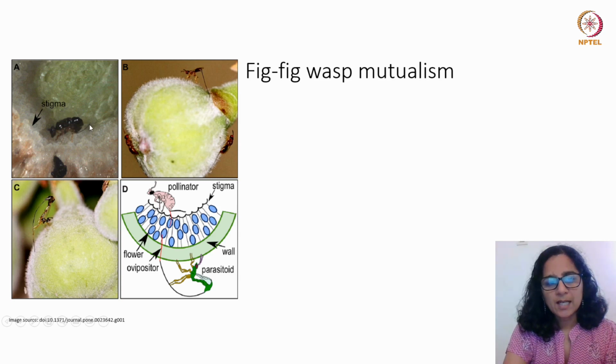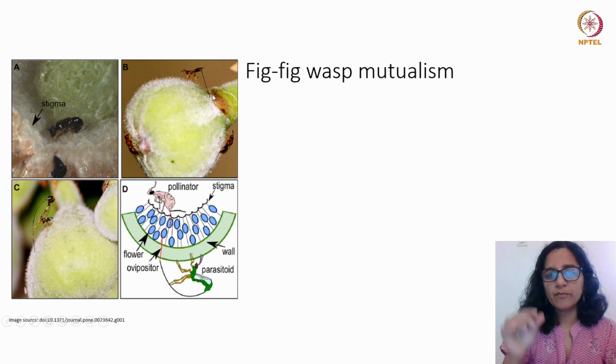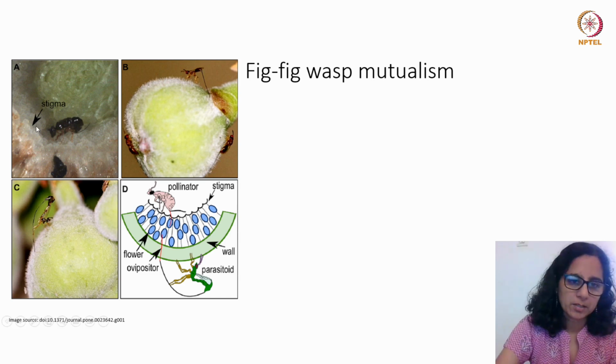So you can see it has a short ovipositor. This is a pollinator wasp. What you see here with the long ovipositor, remember ovipositors are the reproductive part of a wasp through which it lays an egg. So only female wasps have these ovipositors, right?